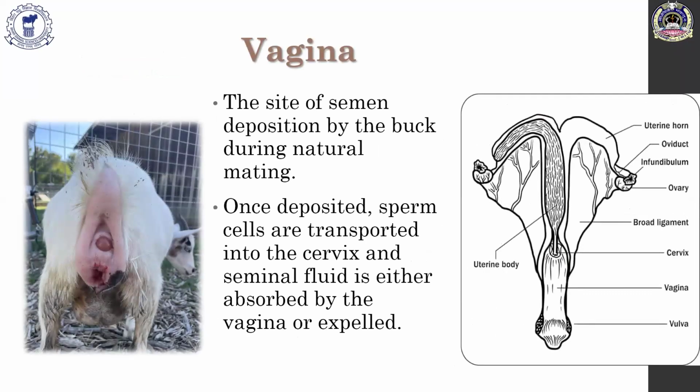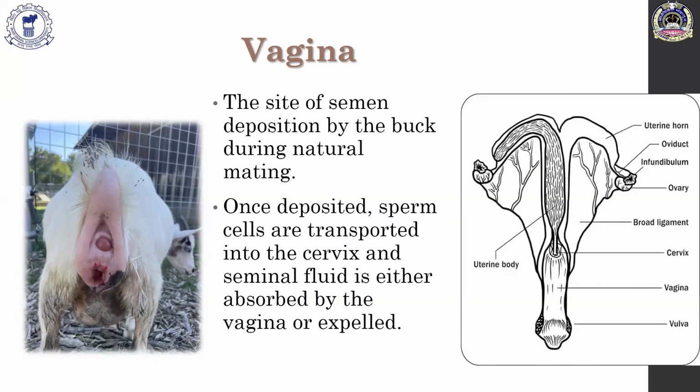When we talk about the vagina, it is the site of semen deposition by the buck during natural mating. Natural mating we have earlier discussed. By the vagina method, we can also collect the semen. In earlier days, when AV was not introduced or electroejaculation was not introduced, people used to collect semen through the vagina only.